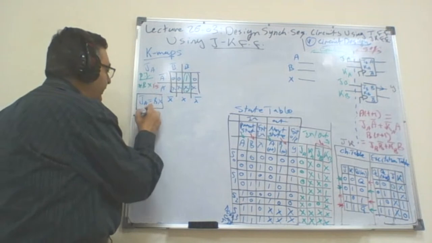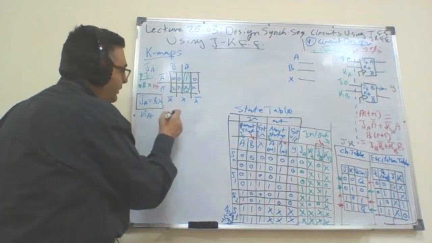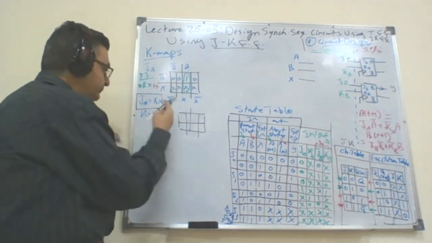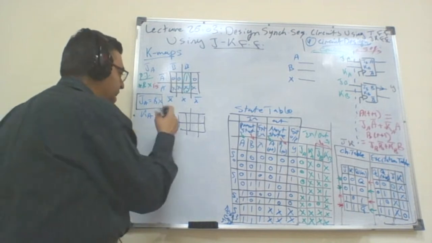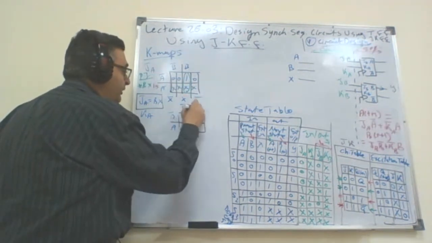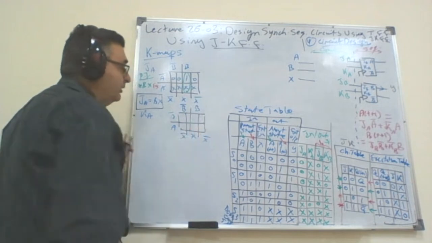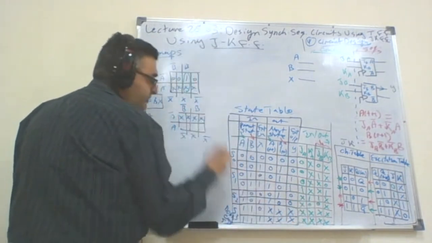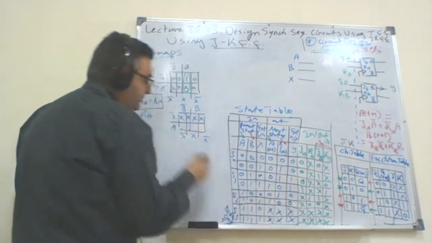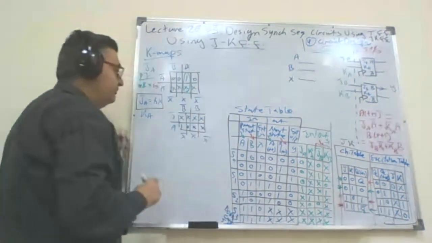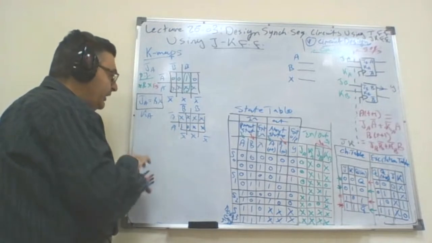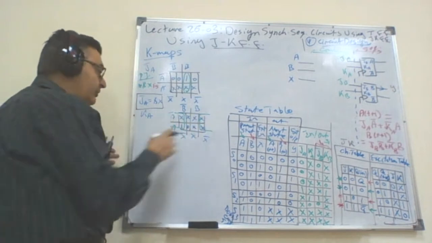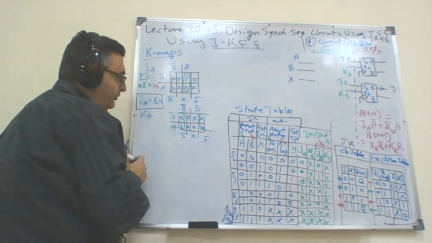Next, KA. Okay, map. A bar A, B bar B, X bar X. KA: X X X X X X X X, 1 0 X X 1 0 X X. Again, I have only one 1 here, so I can have the side contour, which takes those together.